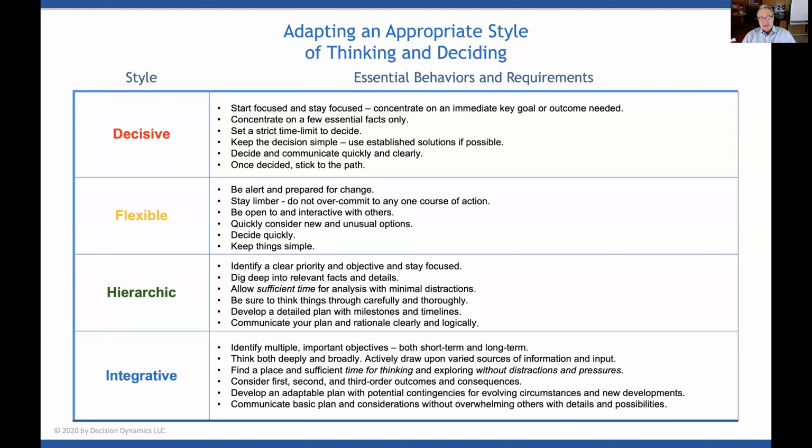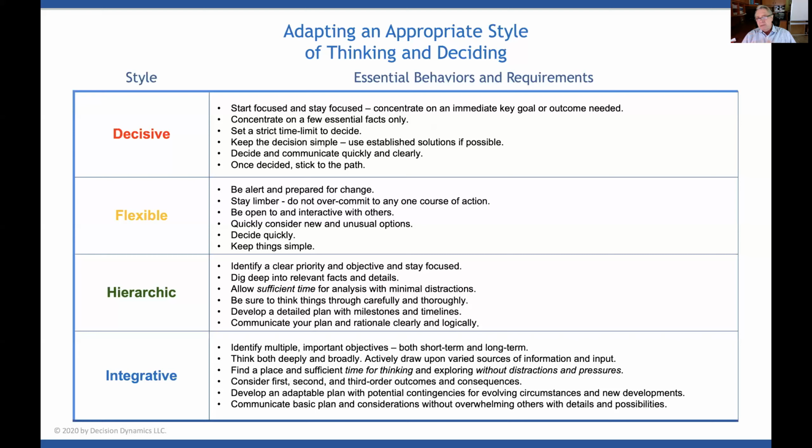In developing your plan, consider first, second, and third order outcomes that are possible and likely consequences. Don't just think about the immediate outcome, but think of also repercussions and other things that may happen further on down the line. And make sure to adopt a plan that has the potential for being modified, with potential contingencies that may be appropriate for handling evolving circumstances and new developments.